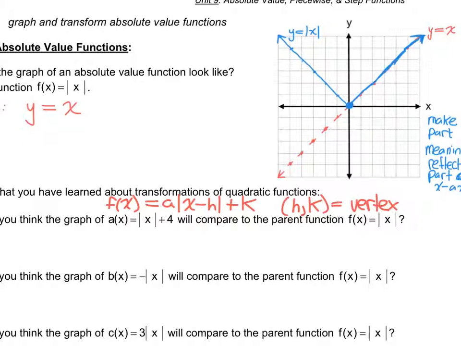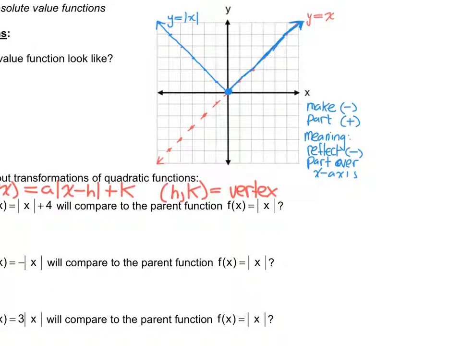So now I would know where my parabola, you see? That's how similar they are. You could easily get the terms confused. Now I know where my absolute value function is going to turn around. And a, just like in a linear function, would represent the slope. A is the slope.